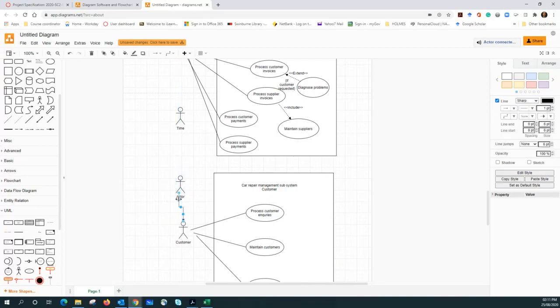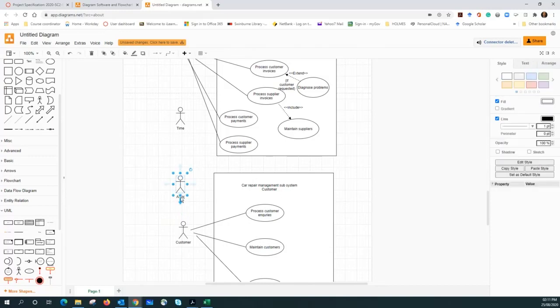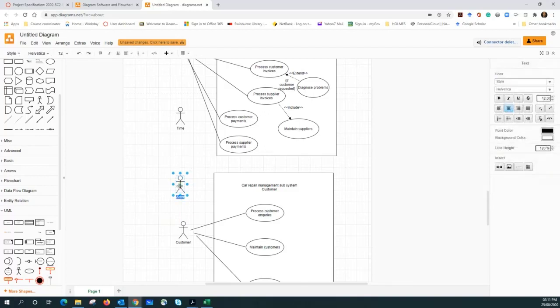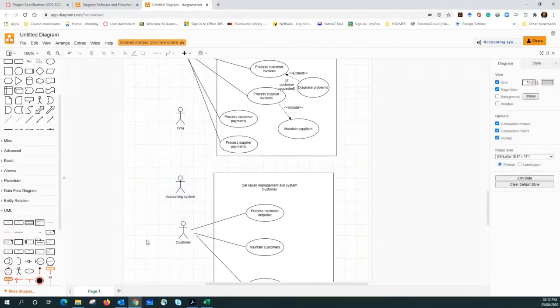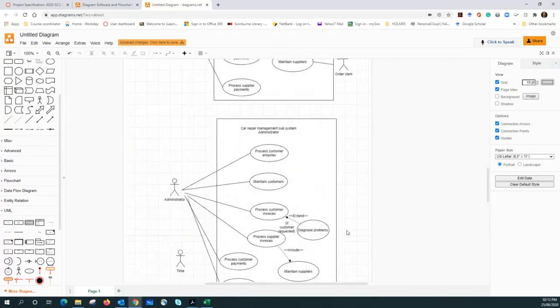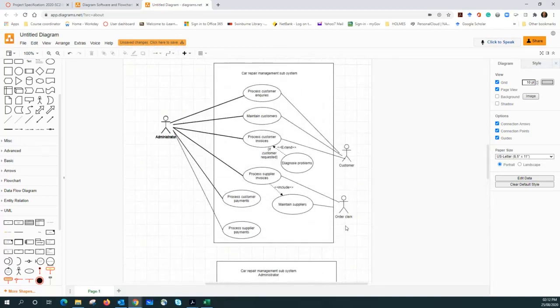In that case, just write that subsystem name, maybe accounting or something like that, accounting system, to indicate it. Okay. So that's what you need to do in this week's submission. I think it's very straightforward. If you follow my guidelines, it's not that difficult.